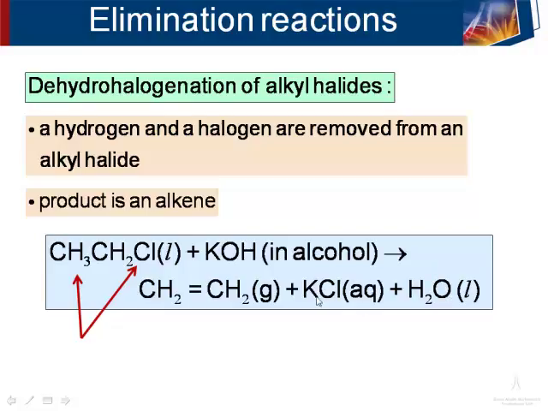So we get a salt and a water being formed, but remember from the alkyl halide we get an alkene double bond being formed over here. This is called ethene. So from this, ethene is formed, a salt, potassium chloride, and water.